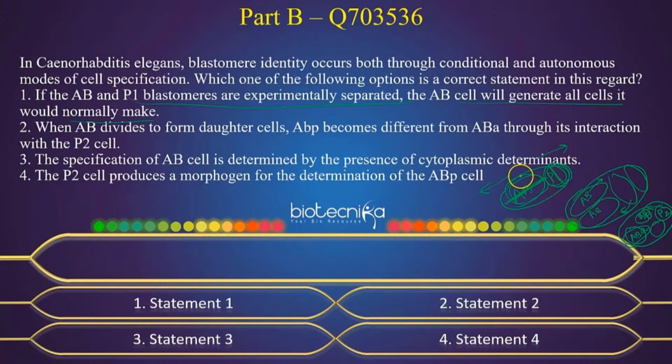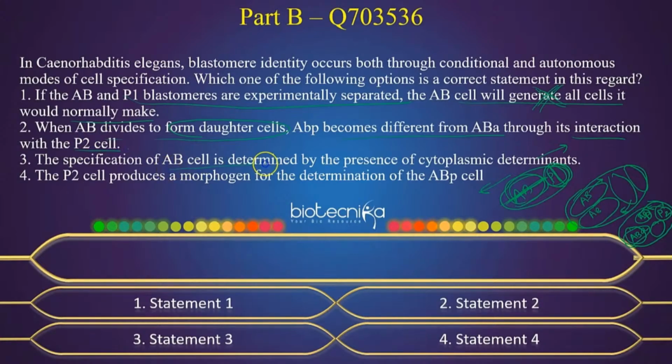So if you separate them, then the AB cell cannot generate those cells. That is why this is incorrect. When AB divides to form daughter cells, ABP becomes different from ABA. That is right, because when AB forms the daughter cells, ABP becomes different by receiving the interaction from P2.